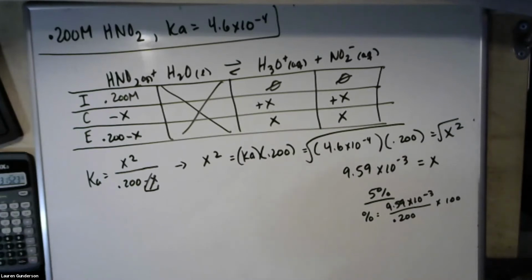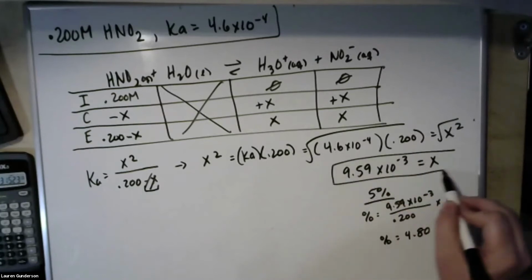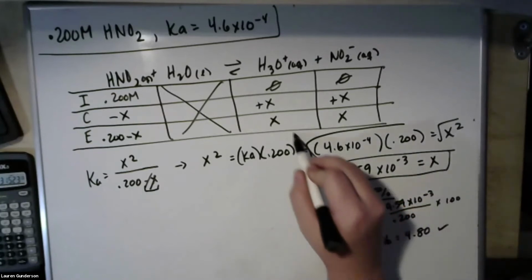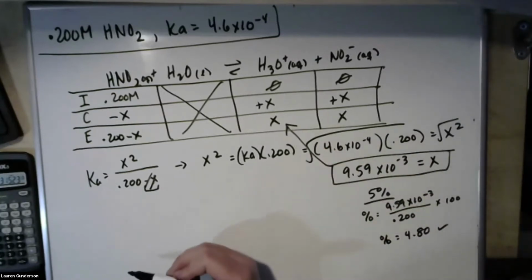All right, and we end up with a percentage of 4.80 this time, which checks out, which means that we can assume that this value here is okay to use for our x value.